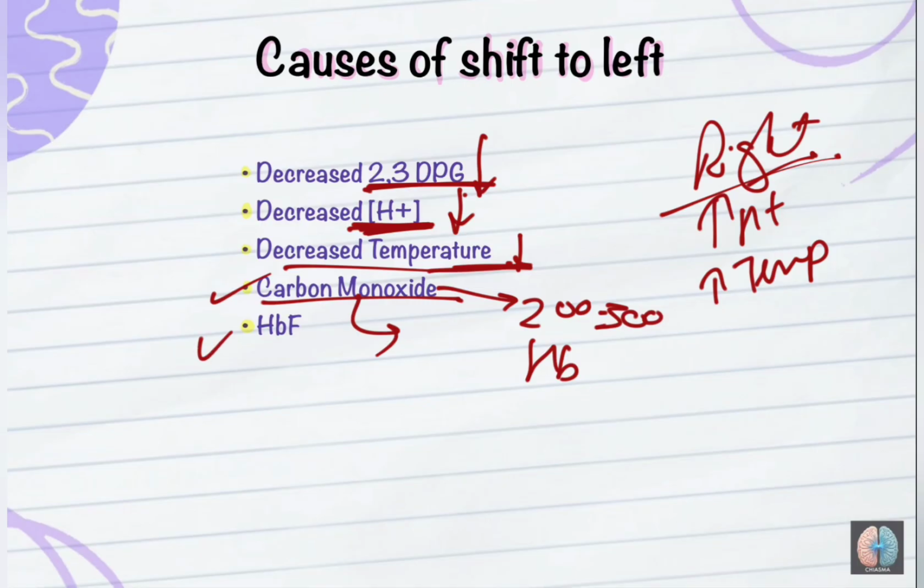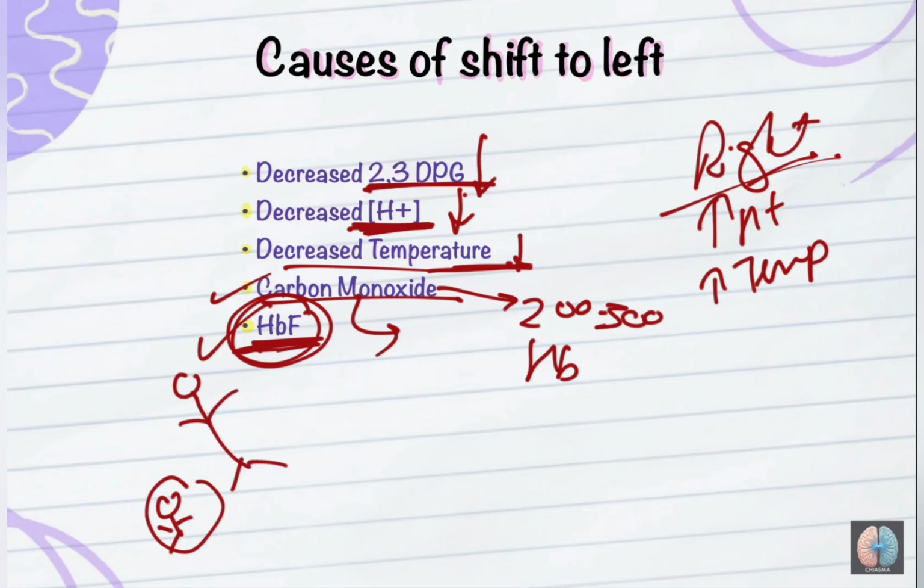And the final and very interesting one is the fetal hemoglobin. This is the fetal hemoglobin. So the fetus inside the mother lying in the womb, how will that fellow take oxygen from mother? It needs to have greater affinity for oxygen to take the oxygen from the mother. If it has less affinity, then how will it take oxygen from the mother? Because the baby is surrounded by the amniotic fluid.